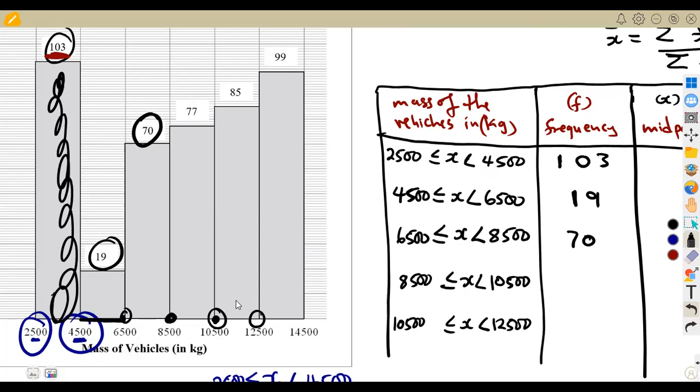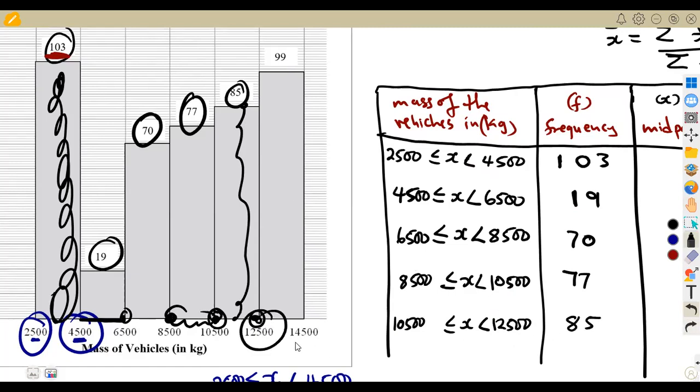Oh, here we left the frequency. From 8,500 to 10,500, the frequency there is 77. From 10,500 to 12,500, the frequency corresponds on top to 85.